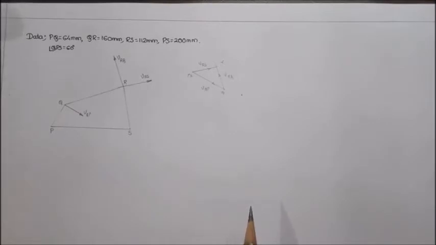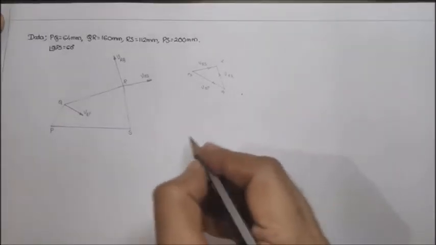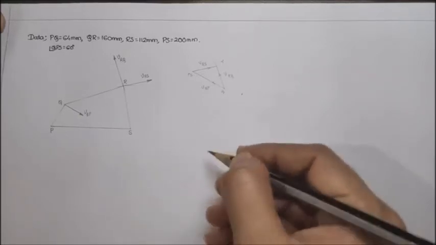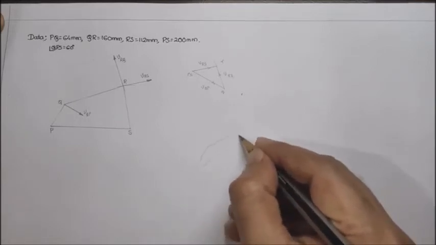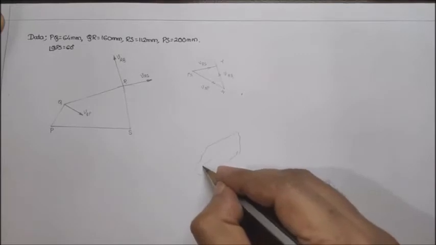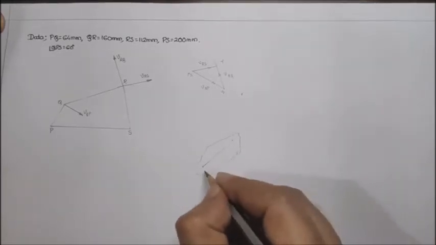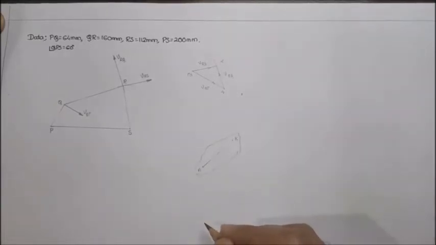Now, before going to the acceleration diagram, what I wanted to tell is, for any given link, for example this is a body, it will be having two points on the body. We'll take this as a body, and here we are having a point A and this is point B. So this is a link.